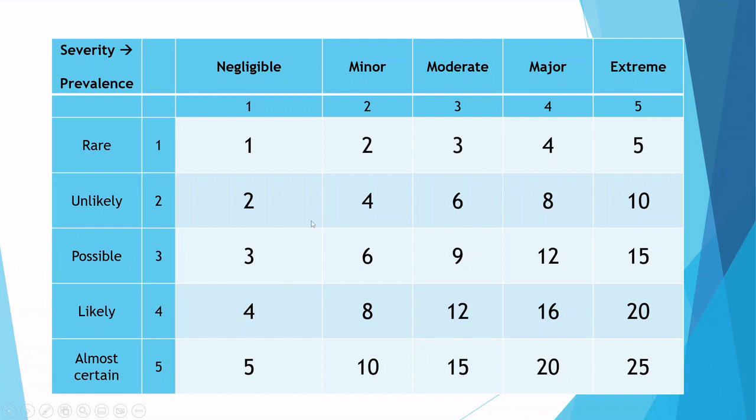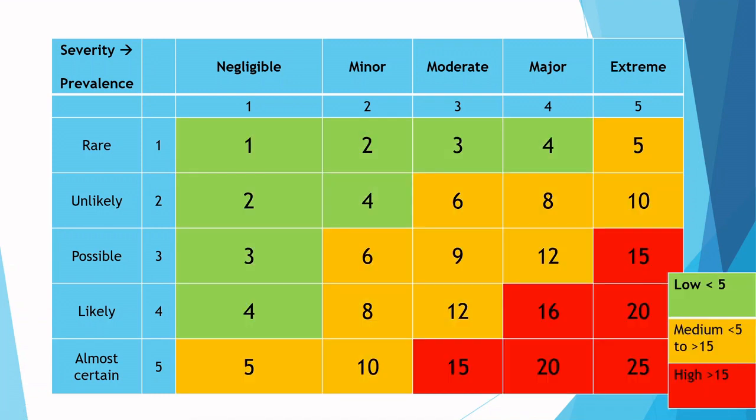That gives us a numeric factor that allows us to predict the risk and allocate some sort of priority to it. Then what we often see is that organizations will allocate a color coding. I used a 3-stage color coding framework here. Any number below 5 would be low, any number between 5 and 15 would be medium, and anything above 15 would be high.